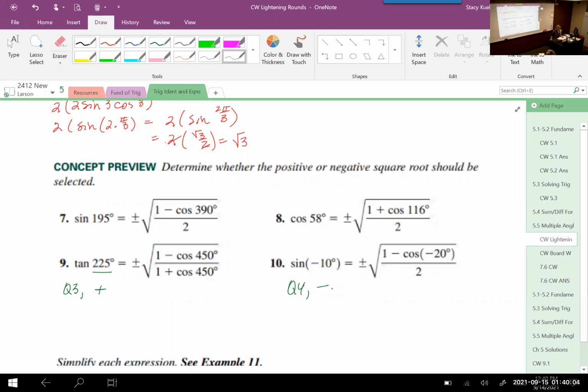Questions 11, 12, 13, 15. You might as well practice some more of that in the middle. Let's do 22, 25, 21, 23, and 26. 29.